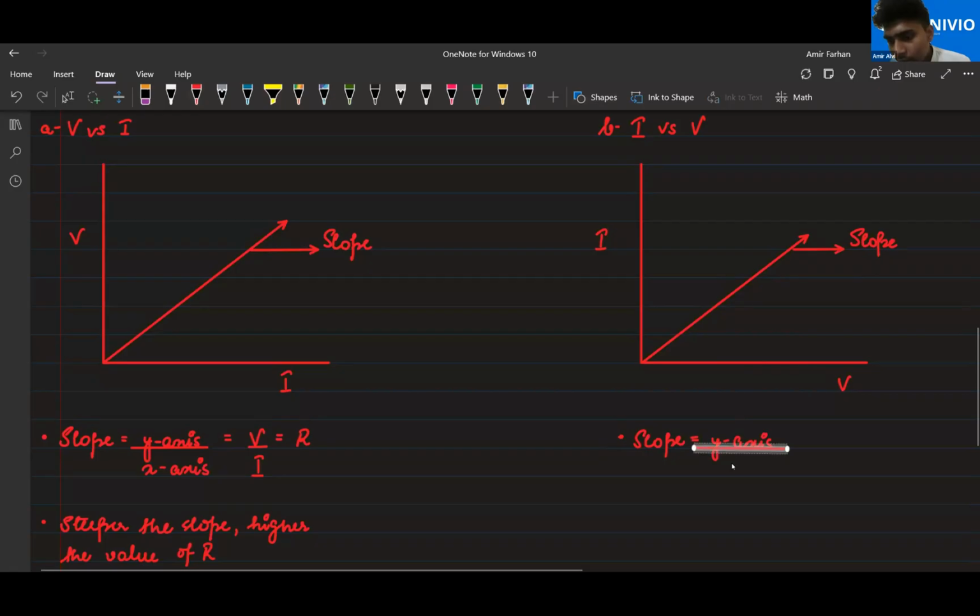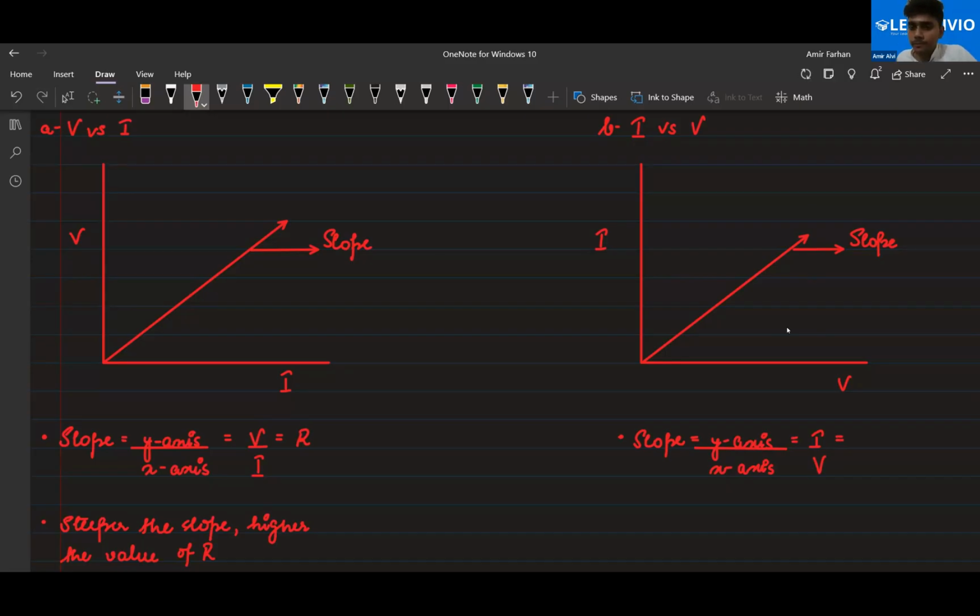Now tell me what is on the y-axis in this case and what is on the x-axis. I is on the y-axis and V is on the x-axis. Very good. Now can anybody tell me what value you will obtain from the ratio of I and V? 1 by R. Zainab said 1 by R.